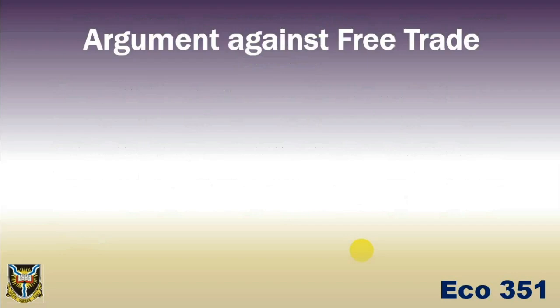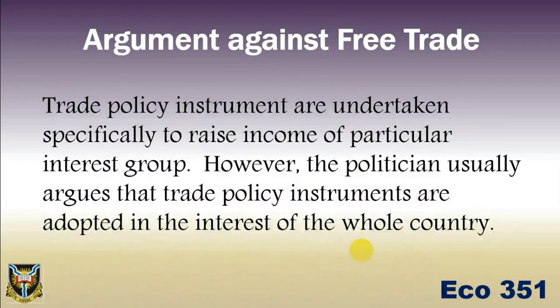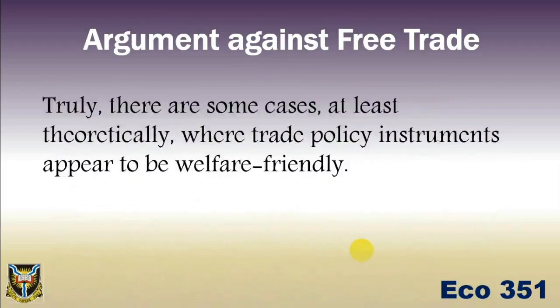Trade policy instruments are undertaken specifically to raise income for particular interest group. However, the politicians usually argue that trade policy instruments are adopted in the interest of the whole country. Truly, there are some cases, at least theoretically, where trade policy instruments appear to be welfare friendly.